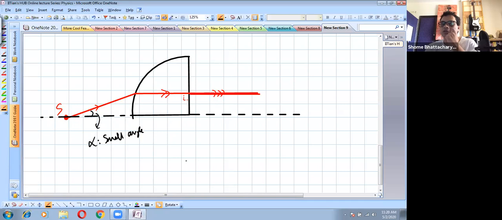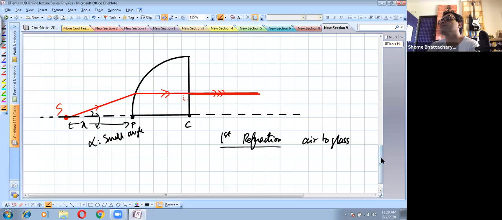Okay. So you can see that for the first refraction, if this distance was x, this is the pole and this is the center of curvature. So it is happening from air to glass.